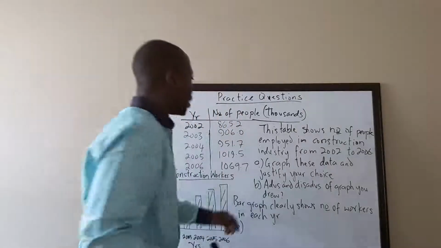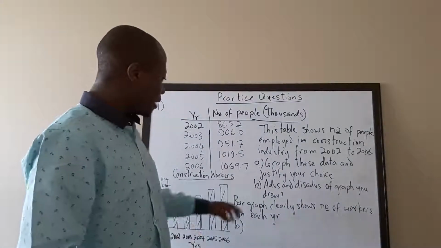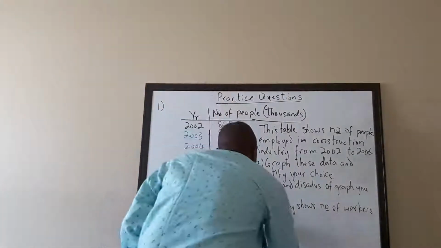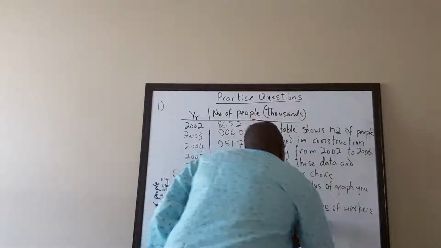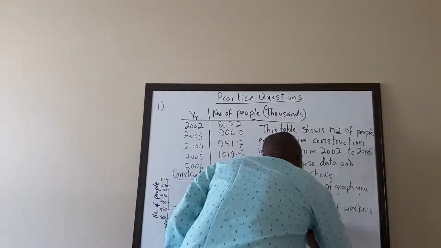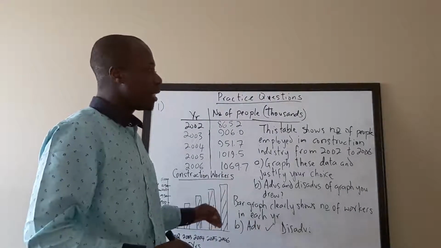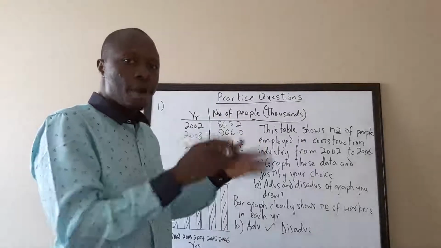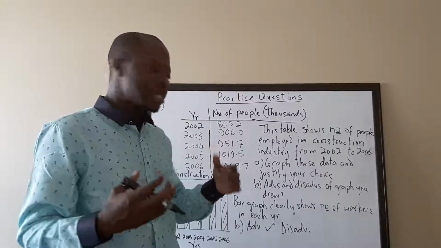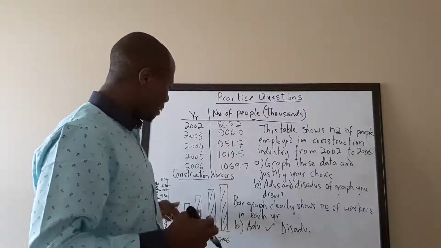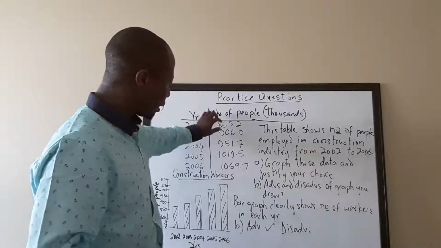And then B, the advantages and the disadvantages of the graph that you drew. Well, the advantage we already talked about here. I'm just going to put a check mark. Now the disadvantage. The disadvantage is that we're not able to see the portion or the part to whole. So we're not able to see the percentage that each one is representing if we want to compare the total number of people, like the whole time.